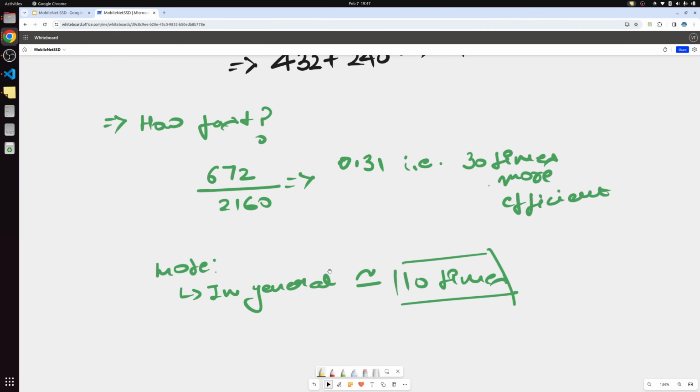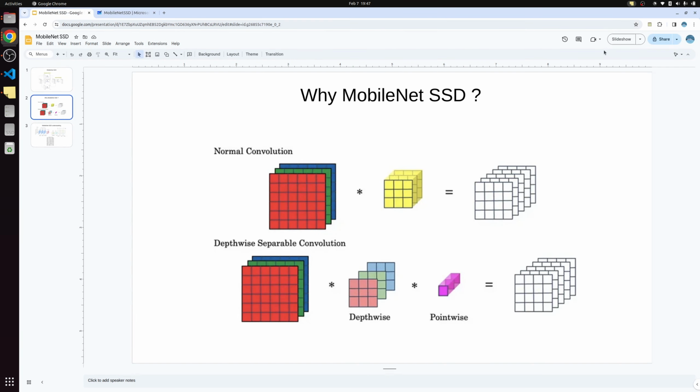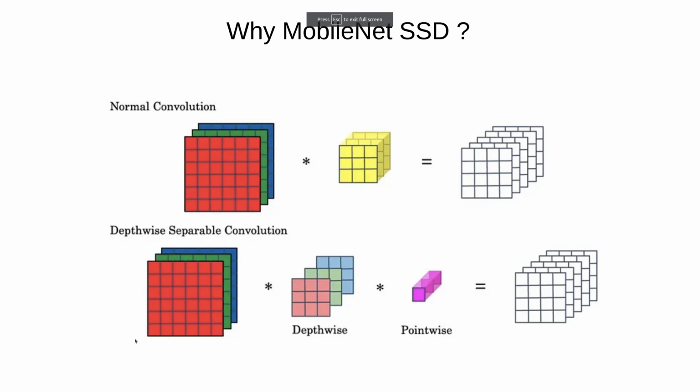And in general, when we implemented this in a real life scenario, we are getting a 10 times more efficiency, right? So I hope this thing is clear to you. Now let's move forward with this.